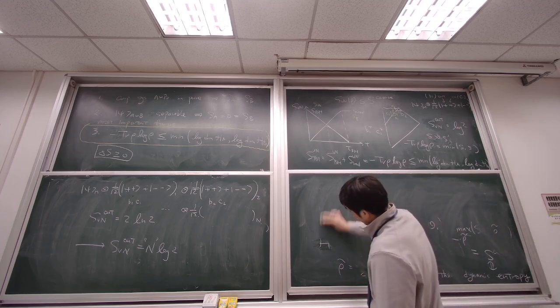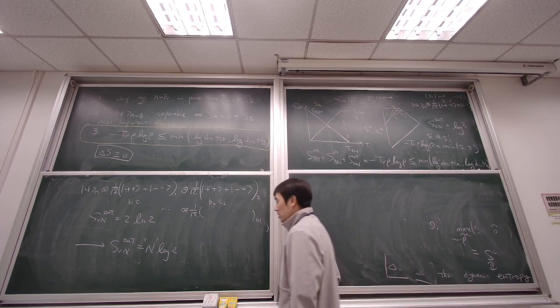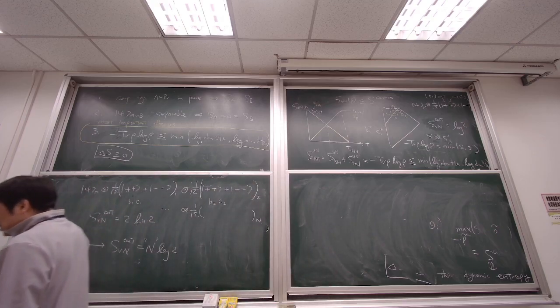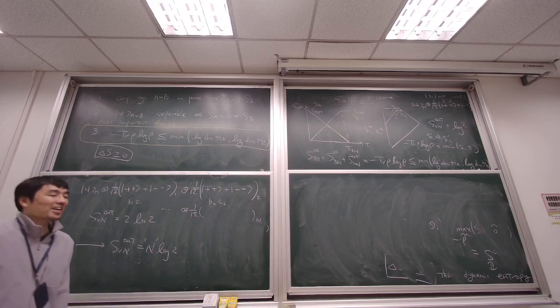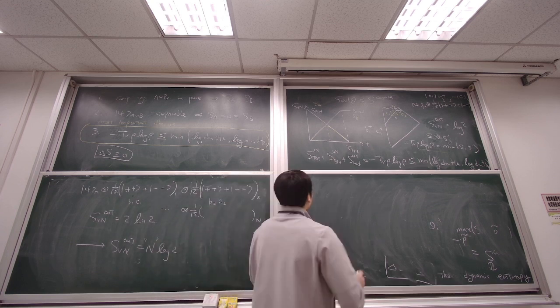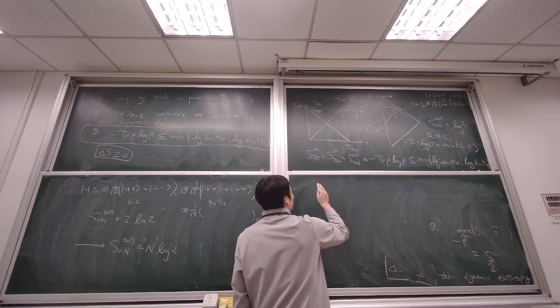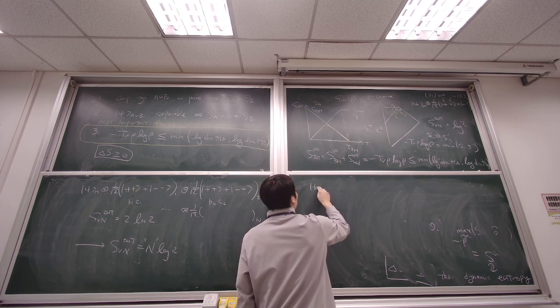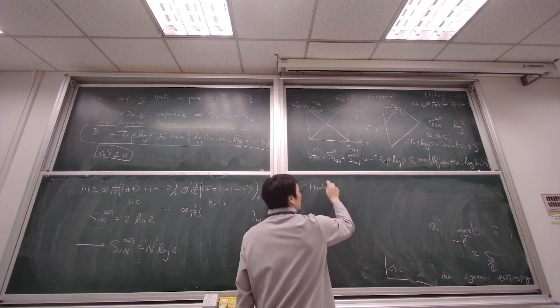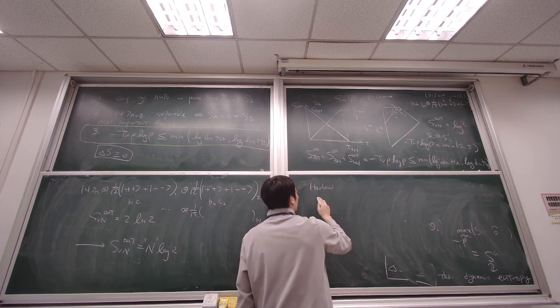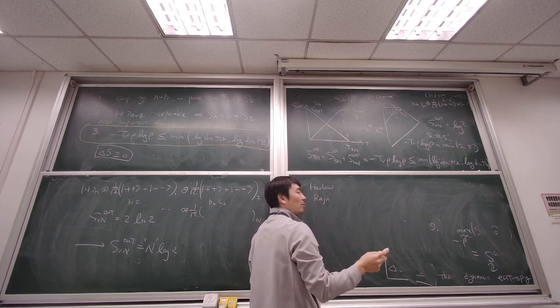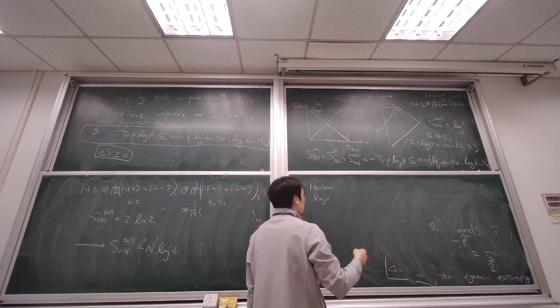But for the recent progress, I'm not going to go into detail. I'll just give citations. There's a lecture by Daniel Harlow, and also Suvrat Raju, Lessons from the Information Paradox.